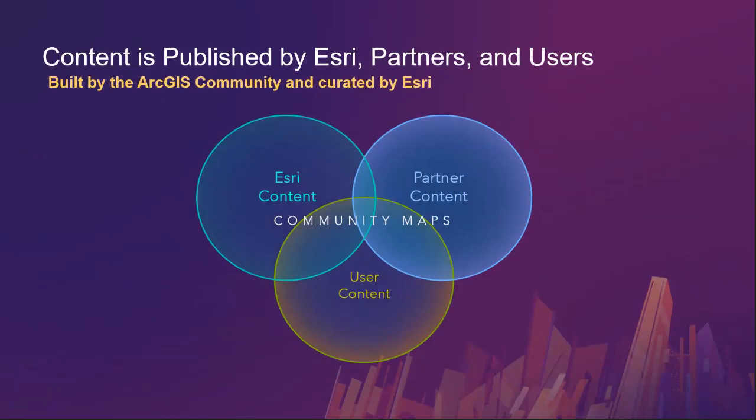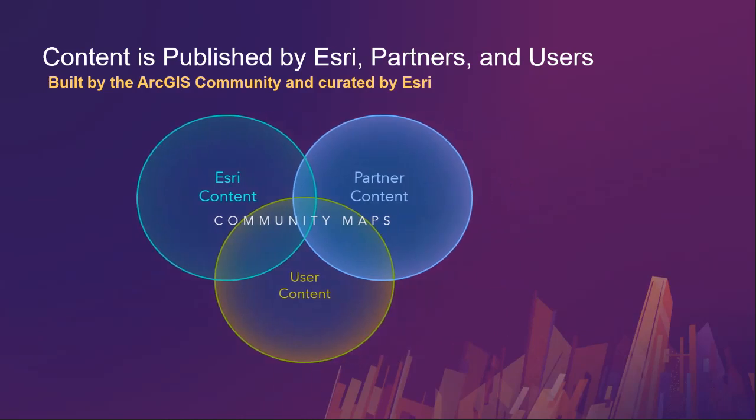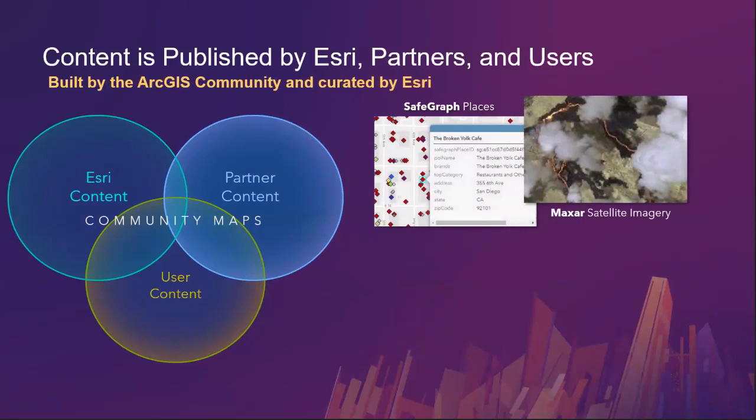Living Atlas includes content from many different organizations. Esri publishes much of the content in Living Atlas, and we'll focus a lot on that today, but there's also a wealth of content from Esri partners and users. The Living Atlas includes content from Esri partners such as SafeGraph, which provides detailed places data in the United States, Canada, and even the United States.